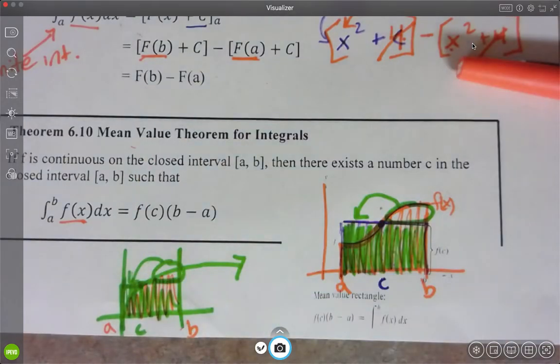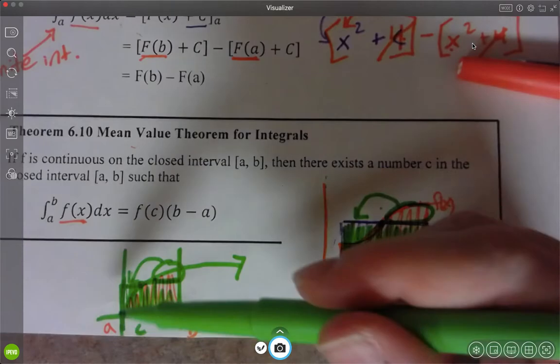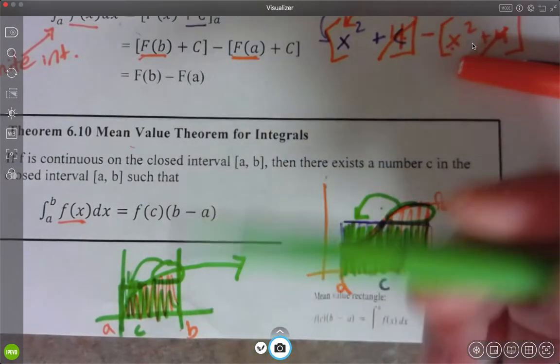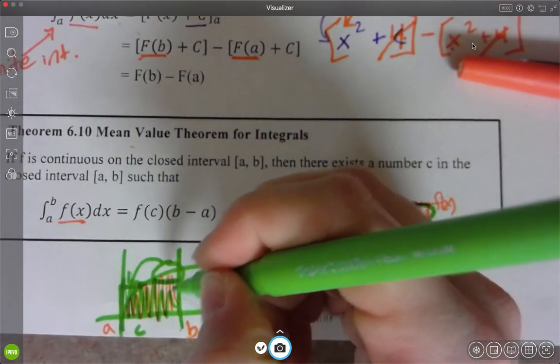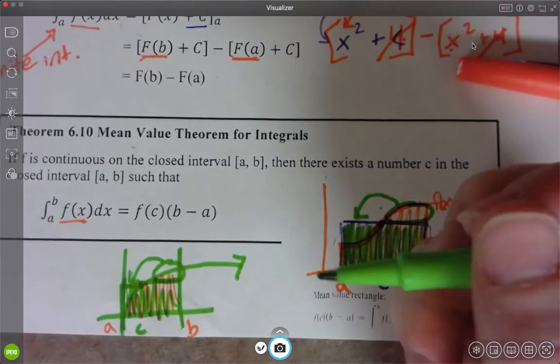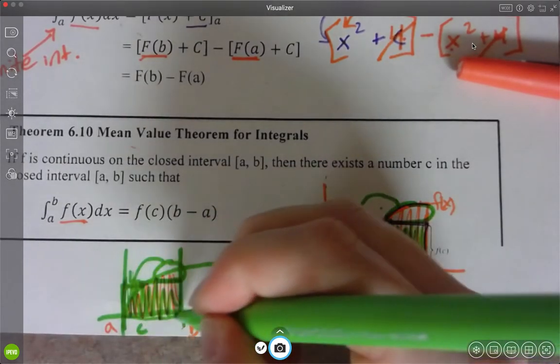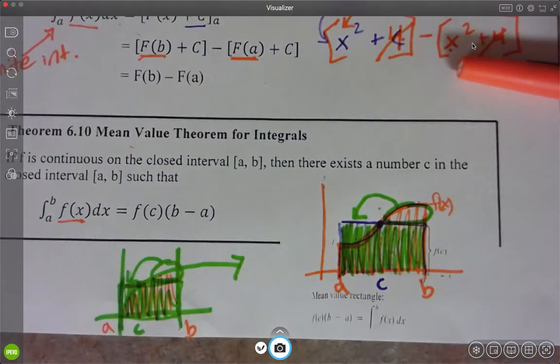So it's not necessarily that C will be exactly between A and B, but wherever it should be located in order for the above part to make up the below part that's not there. So you're trying to find a C so that this rectangle will have the same area as the area underneath the curve. It's like taking a curve and trying to make a rectangle out of it, because a rectangle is an easier shape than a curve.